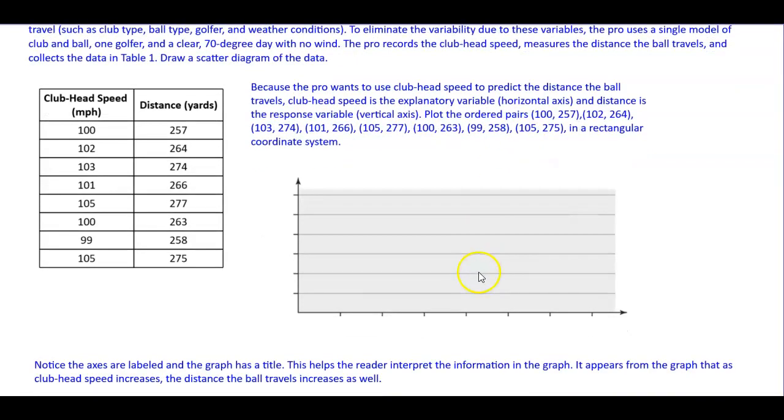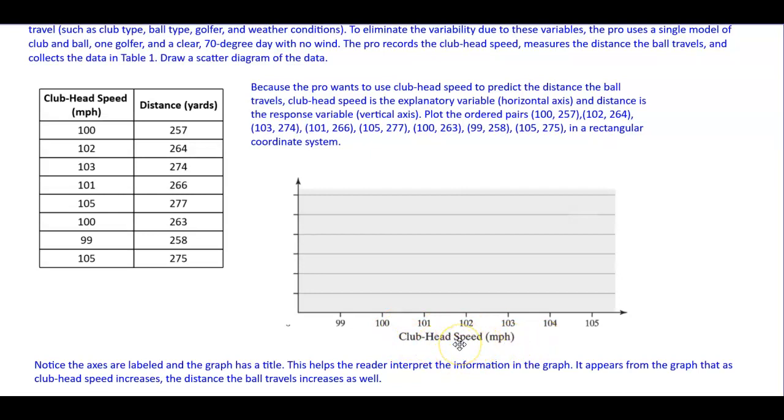So down here on the graph, we want to label our horizontal axis. The lowest number in our data is 99 for club head speed, and the highest number is 105, so we're going in increments of 1. And we label this as club head speed.